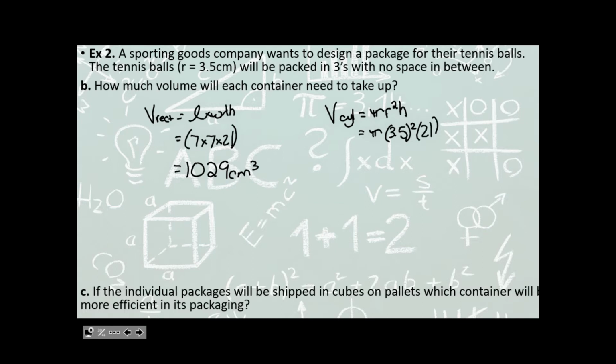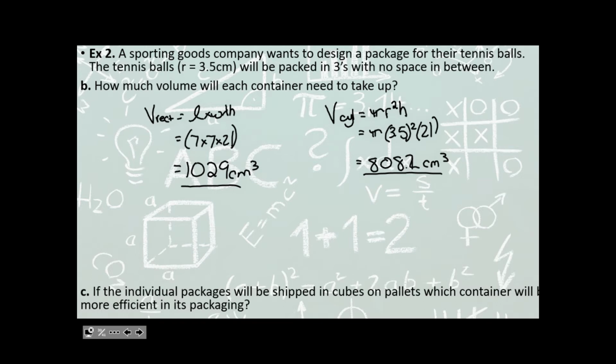So pi times 3.5 squared times 21 is going to give me 808.2, rounding, centimeters cubed. So same tennis balls, but 2 different packaging. One's going to take up about 1,000 centimeters cubed. The cylindrical package would take up 808 centimeters cubed.